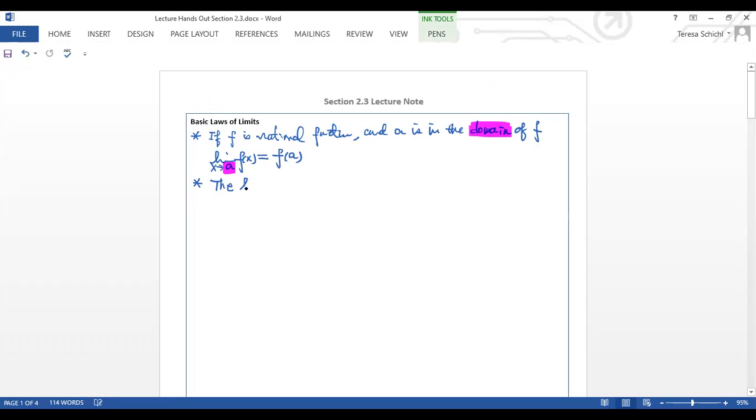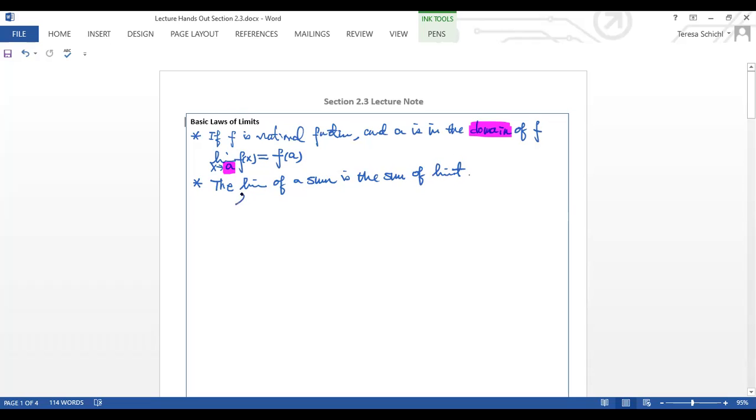The next law is the limit of a sum is the sum of the limits. Of course, the sum is just another way to say the difference, because a difference is just adding a negative value.